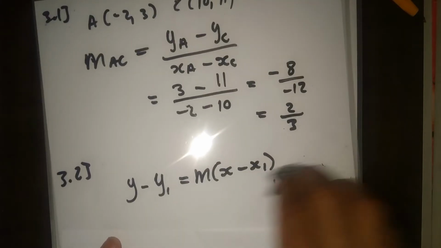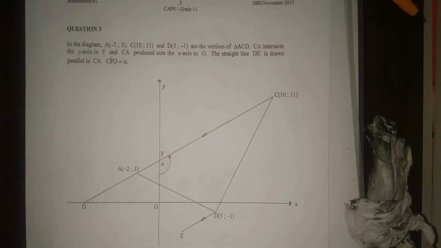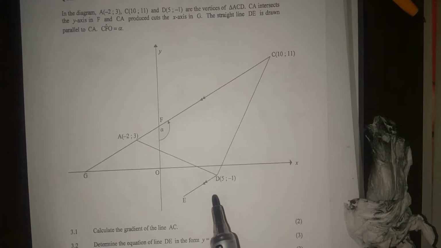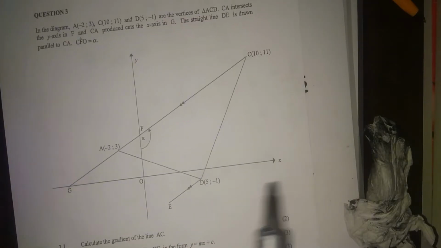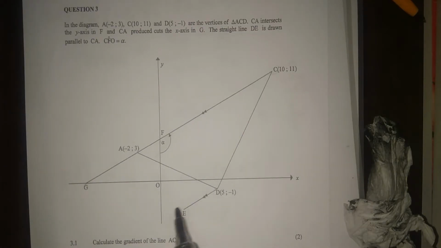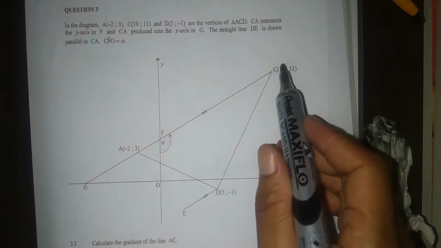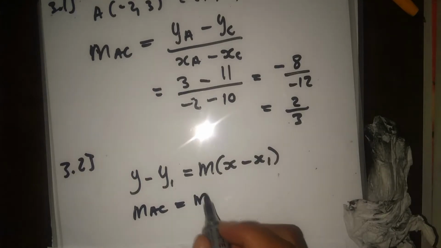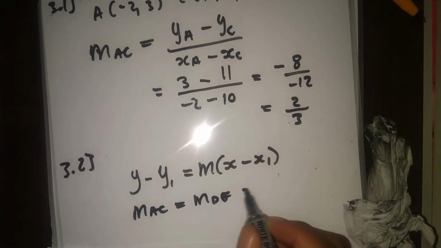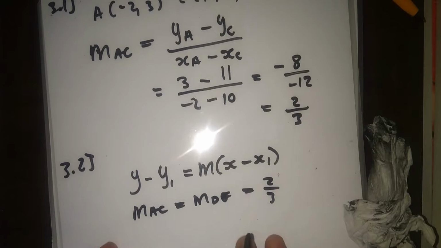So let's see what we have for DE. We have this point, so 1 point, check. How about the gradient of this line? We have it as well, because the gradient of AC is equal to the gradient of DE, since these lines are parallel. So gradient AC equals gradient DE, which is equal to 2/3.